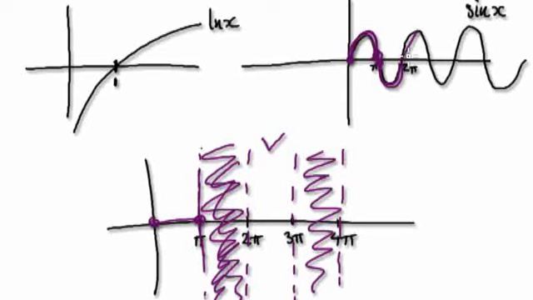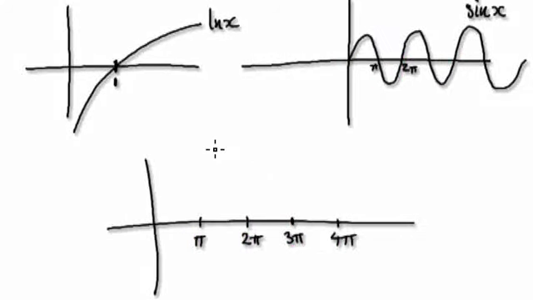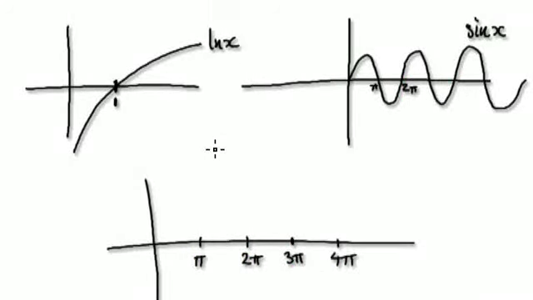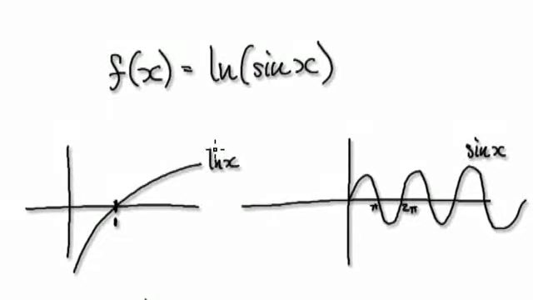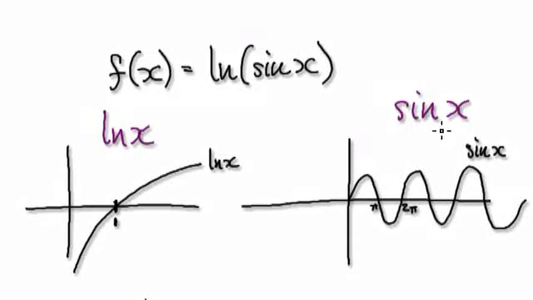And then from here to here is valid again. So it's valid again in this region here. And then from here to here is not valid. So forget about this region. Okay, so overall your graph will look something like that. But hang on. Looking back at this here, you've got the natural log, and you've got the sine of x here.